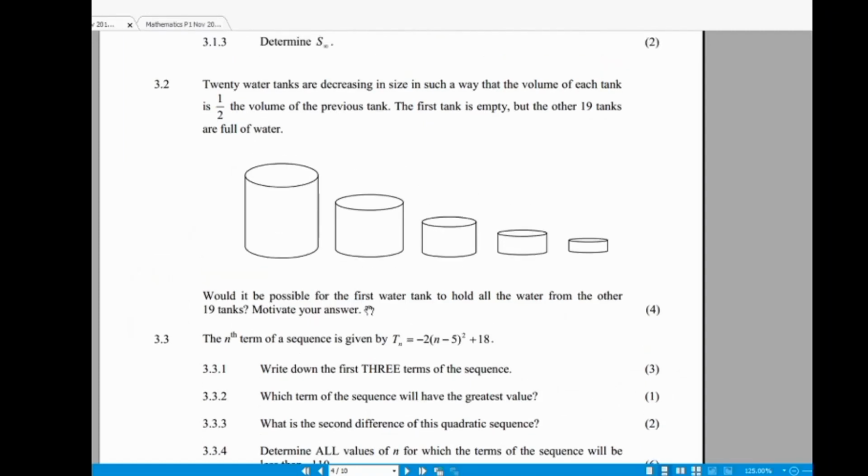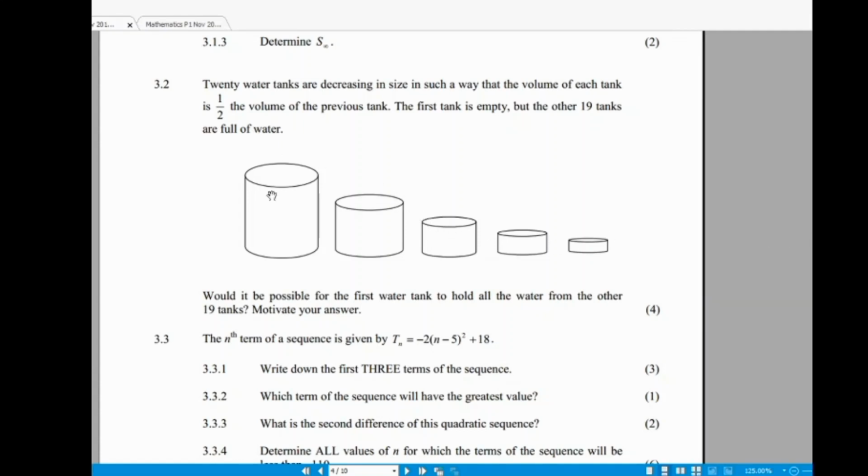The 20 water tanks are decreasing in size in such a way that the volume of each tank is half the volume of the previous tank. So if this first one is 20 centimeters cubed, this second one will be 10 centimeters cubed, this one will be 5 centimeters cubed, and so on.